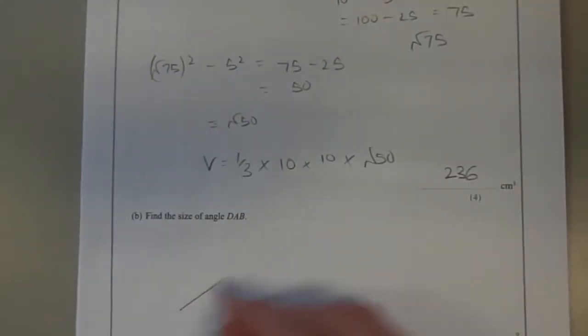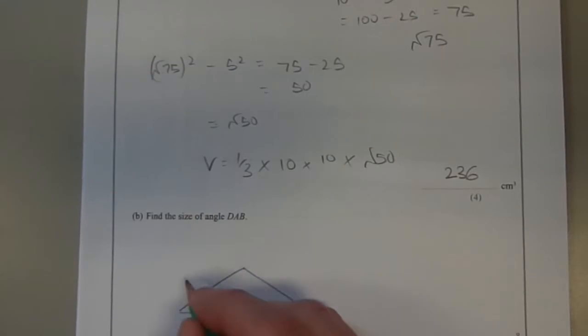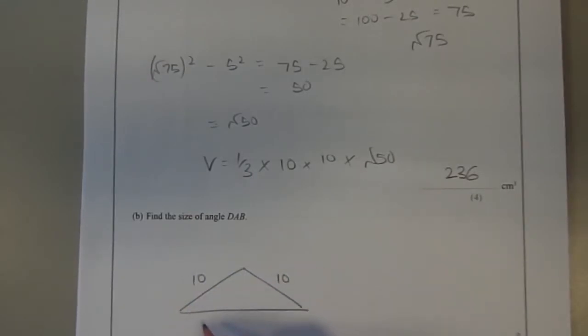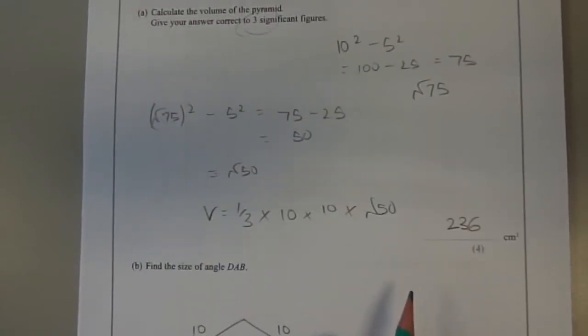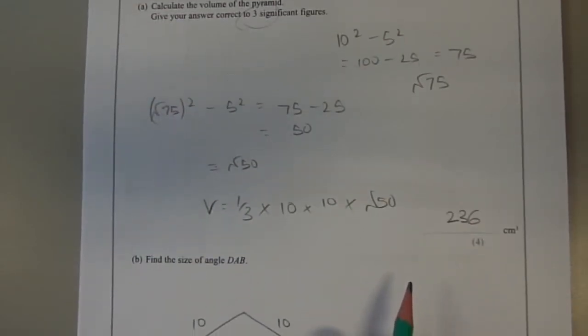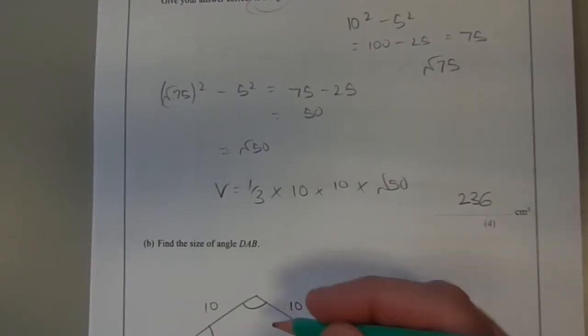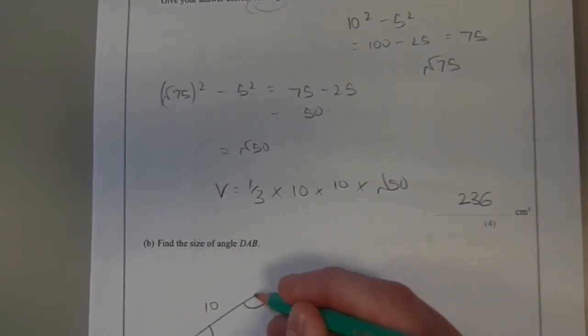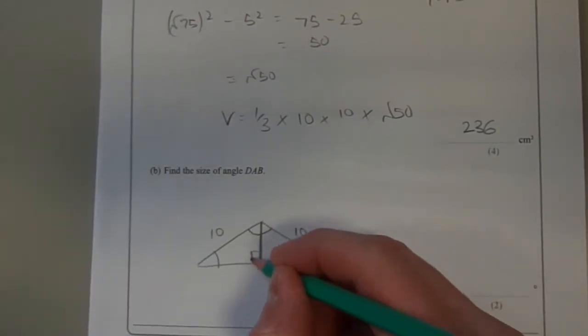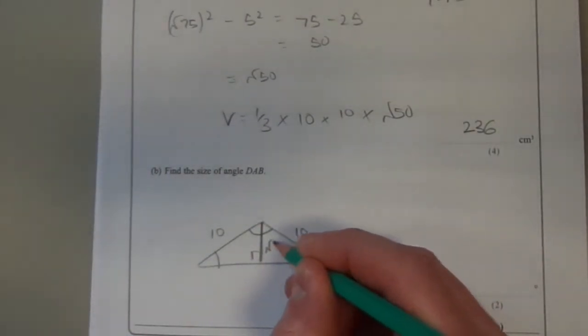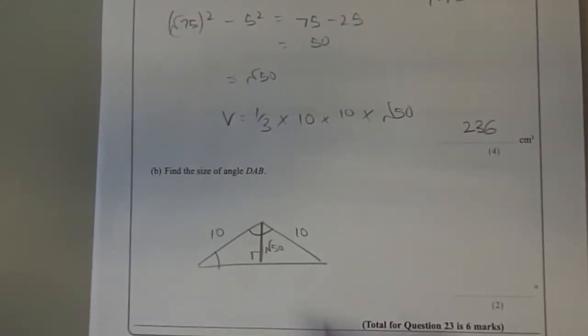So drawing that triangle out again, that's 10 and that's 10. This is the one that we can find out first of all, and this is the one that we're interested in. Okay, we have worked out this line in the previous part of the question. That's the height of the pyramid, and that's root 50.